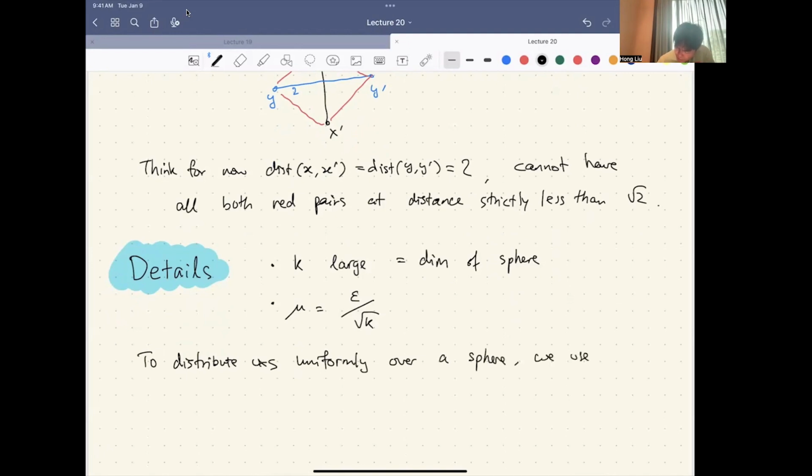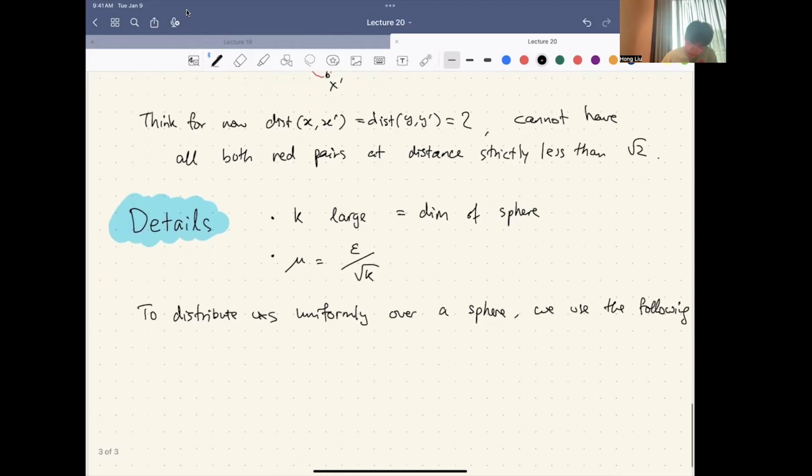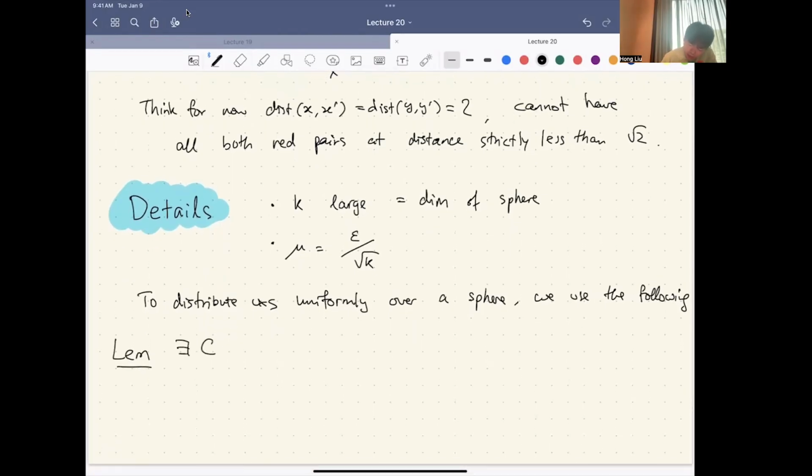We use the following lemma. There exists an absolute constant c bigger than 0, such that the following holds. For any sufficiently large n, which will be the number of vertices.